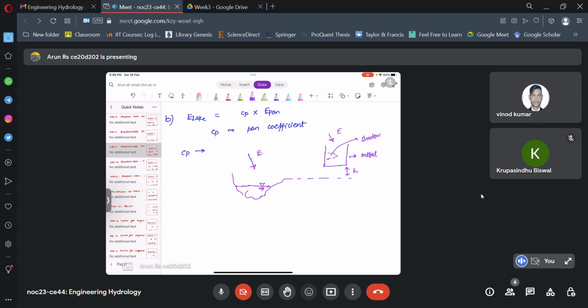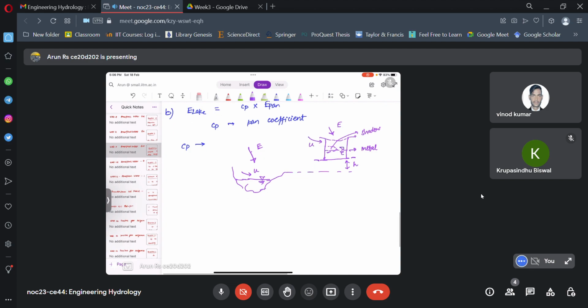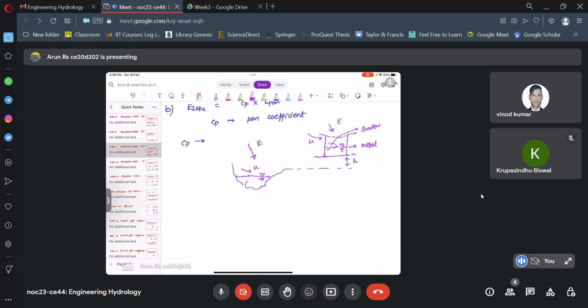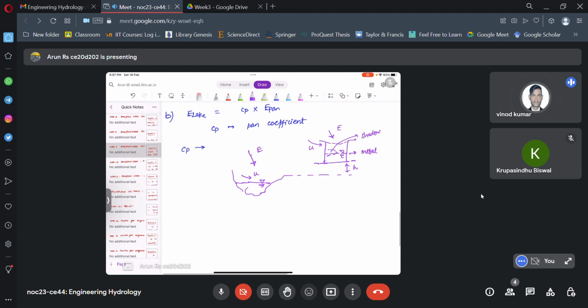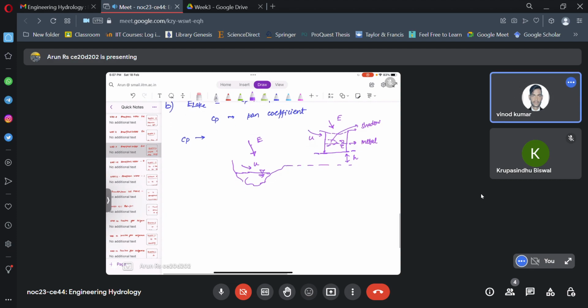The placement will be such that there is not much shadow within the pan, and here you have some wind, but here the wind will be going like something like this. It will not reach your water surface, so the vapor transport is affected. Another factor is the size, because a pan has a limited size and a water body is very big.